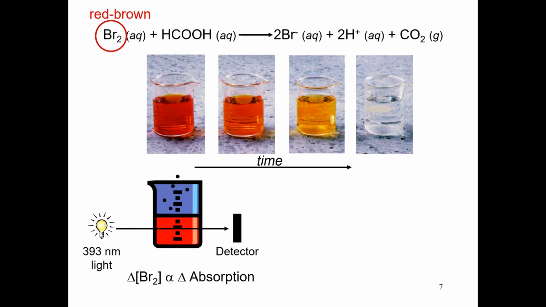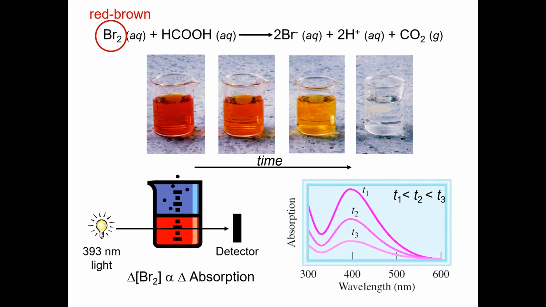So that means that since a bromine solution has a maximum at 393 nanometers, we can look at the spectrum at different times after the reaction has started and generate a graph like this.